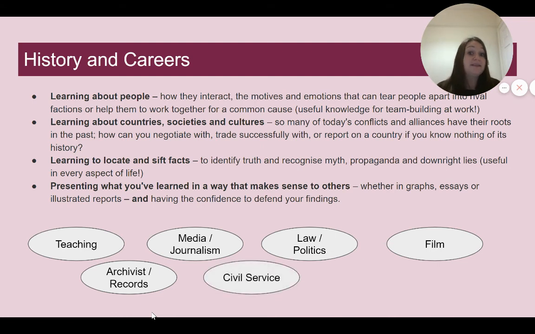Are you interested in the civil service, working for the Ministry of Justice, the Home Office, the Foreign Office? All of those roles will respect your ability to be able to work with other people, to recognise other cultures, and to be able to present convincing and coherent arguments. And finally, also public services.